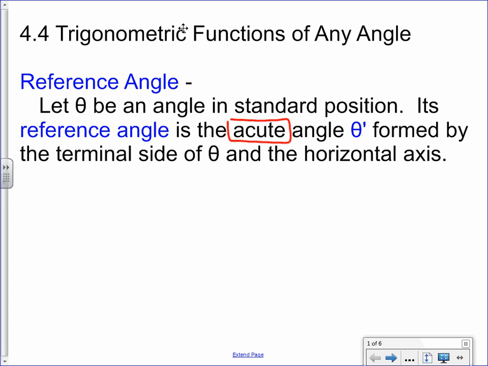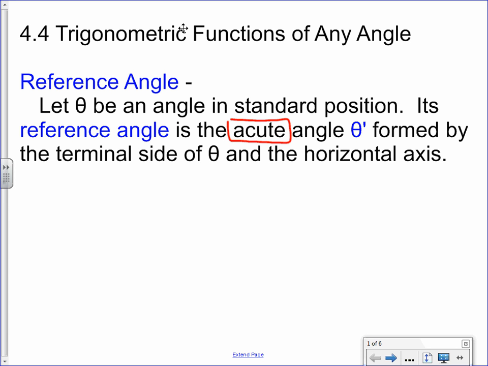Why do you think it's important that it is an acute angle? What can we make with acute angles? Okay.